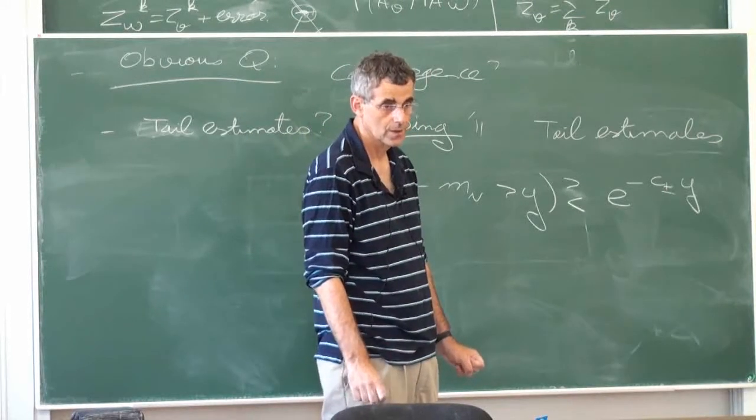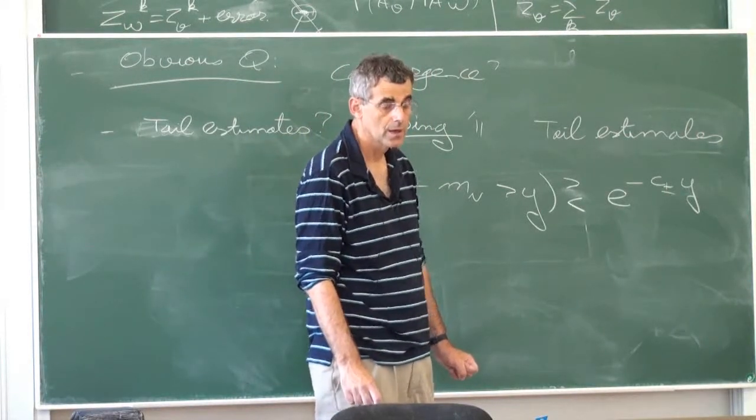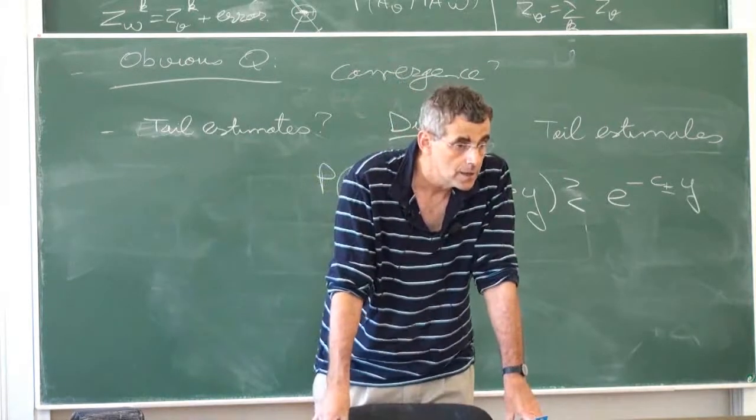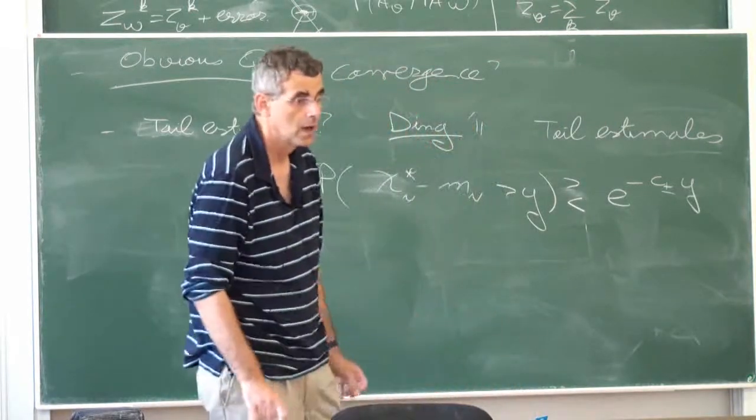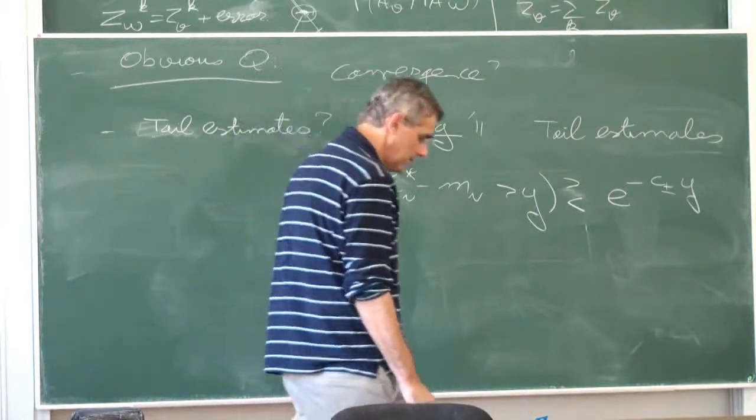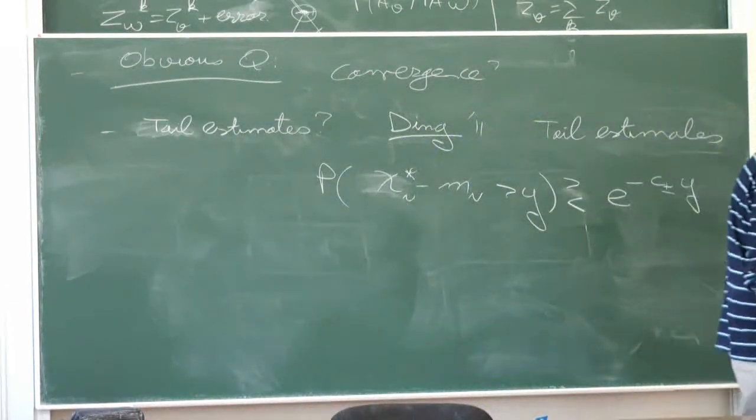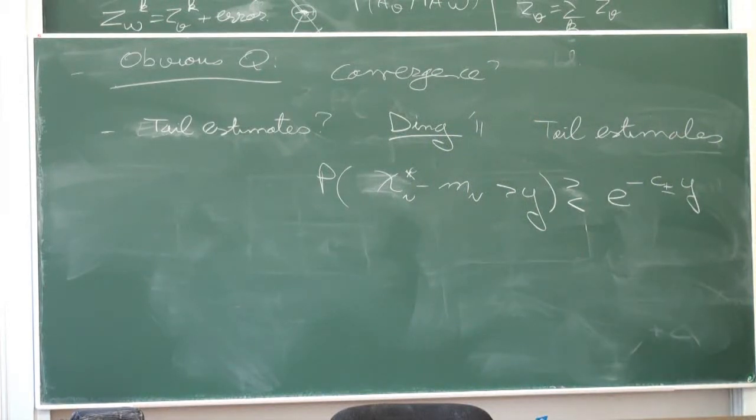Can't you get this just by Slepian inequalities? Excuse me? Why can't you get the same just by Slepian's inequality? Because we don't have Slepian's inequality, because a crucial element of Slepian's inequality is that the variances are equal. So if you were dealing with a variant of the problem in which the variances are equal, and there are ways to define Gaussian free fields like that, which I did not discuss at all, but if you ask, I can mention it now.